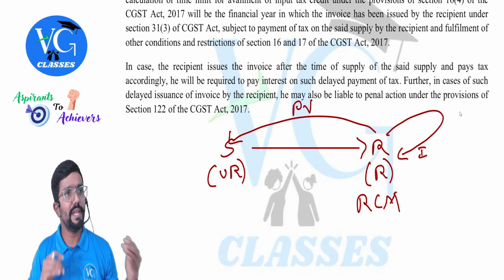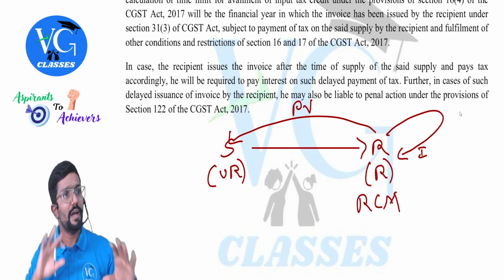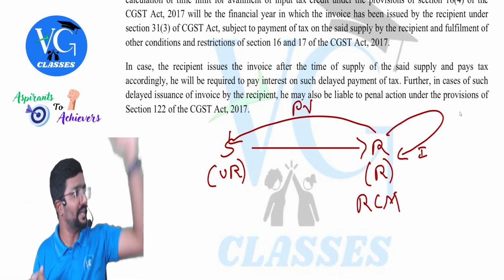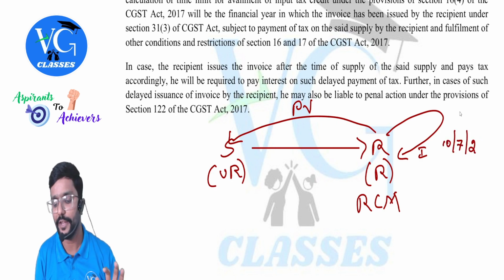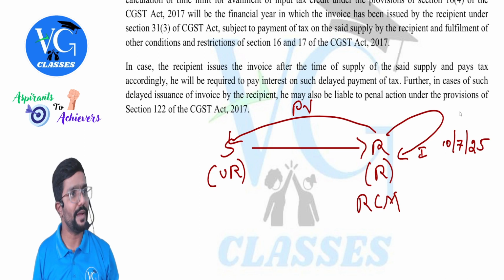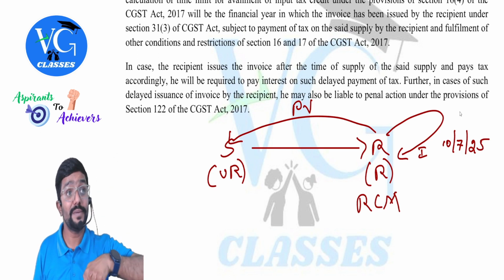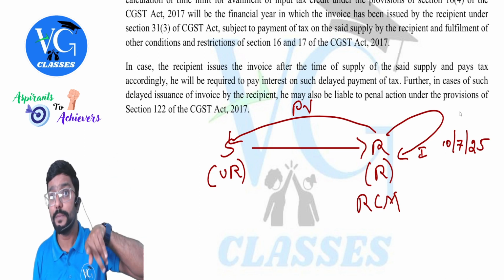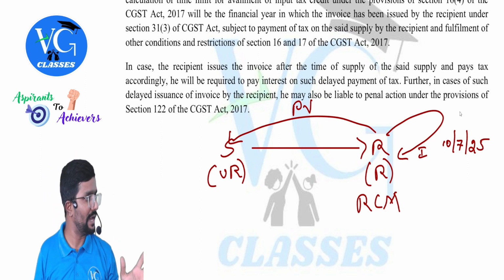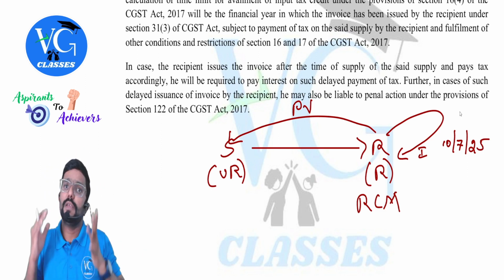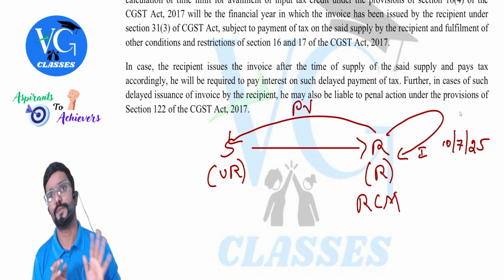This recipient, in order to claim credit later, assume he issued the invoice for himself later. Actually, supply happened, assume on 10th July 24. Okay, let me take 25. 10th July 25. Within 30 days from 10th July, he has to issue an invoice for himself, right? Yes, I repeat. He received goods or services on 10th July. Within 30 days from here, he has to issue an invoice for himself.